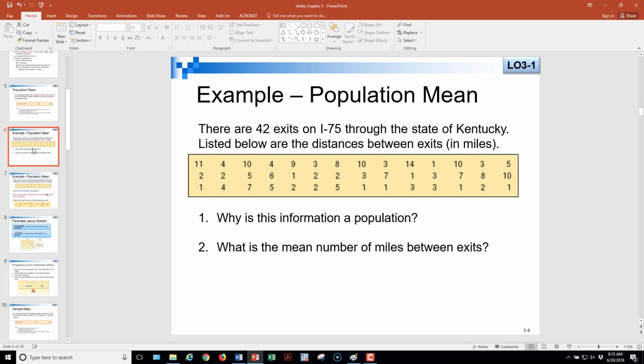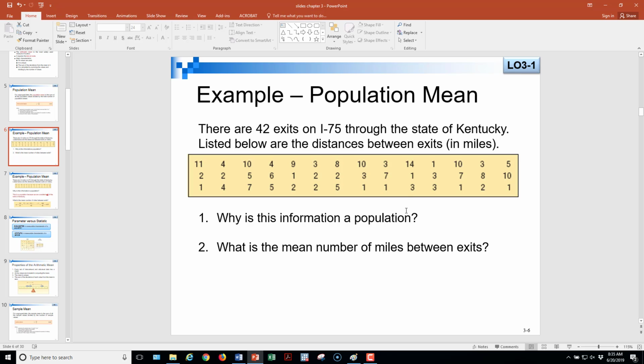The population mean example shown in the slides is 42 exits on I-75. Those are the distances between all the 42 exits on I-75 through the state of Kentucky, and we calculate the mean.